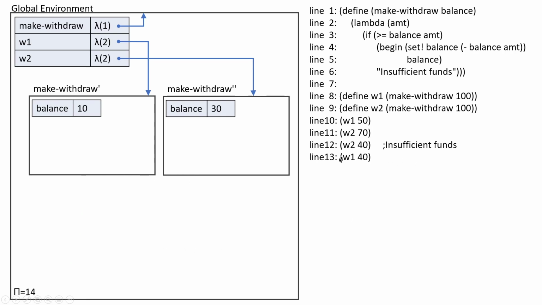So even though W1 and W2 are created similarly, they have independent existences because each one of these calls to make withdraw returns an independent lambda that's created in a separate scope, right? Each call to make withdraw creates a new instance of this make withdraw activation record or contour.